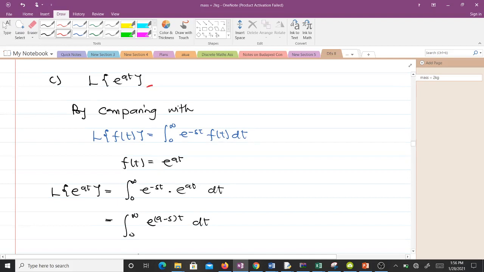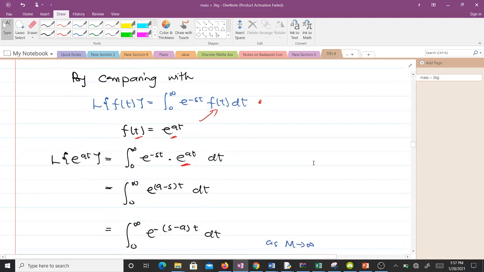By comparing it with the definition of the Laplace transform, that means f of t is this. So we just put that inside here and we have this equation. The rest is our improper integral, our knowledge from math methods.